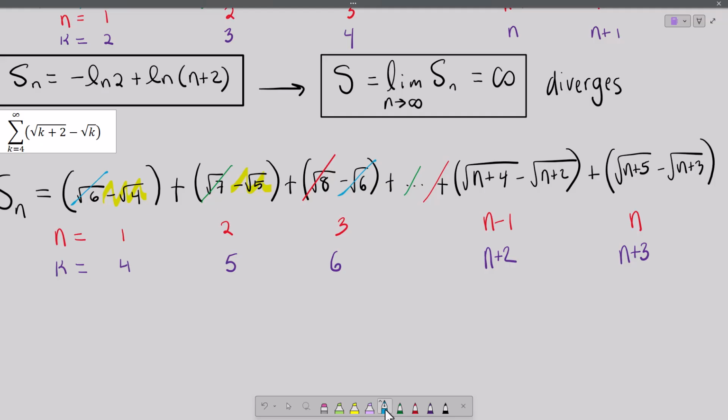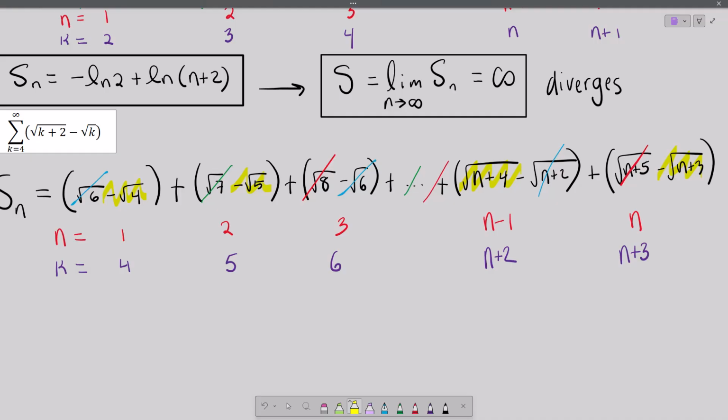So this second part of this term is going to cancel with the first part of the term over here after skipping a term. This first part is going to cancel with a second part after skipping this. So on the tail end here, that and that are still there.